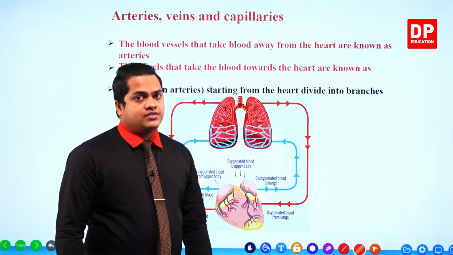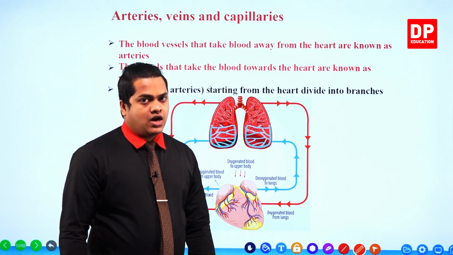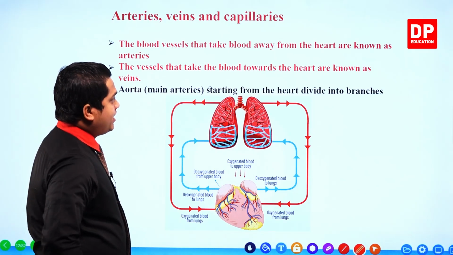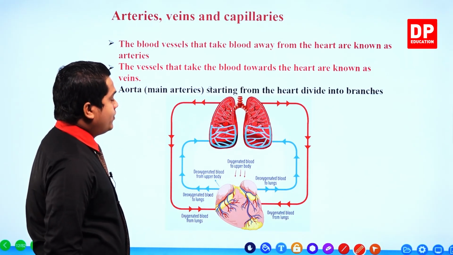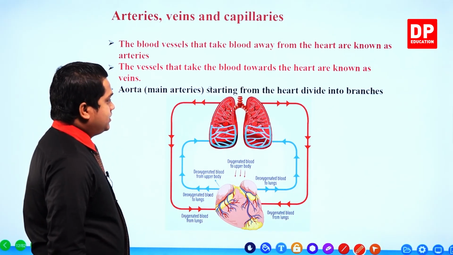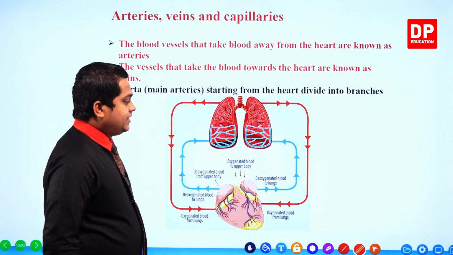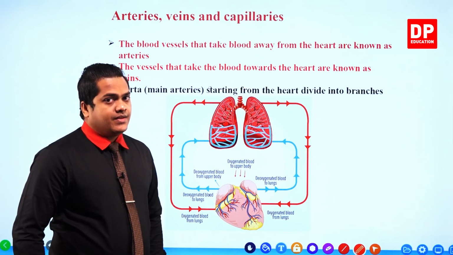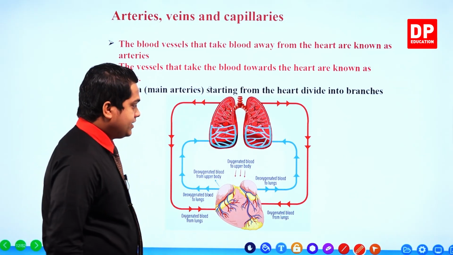Then vessels that take blood towards the heart are known as veins. So arteries take blood away from the heart. Veins take blood towards the heart.